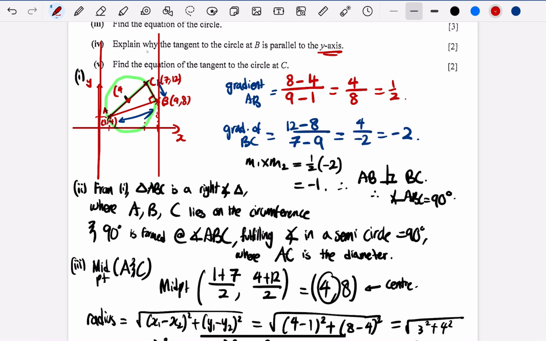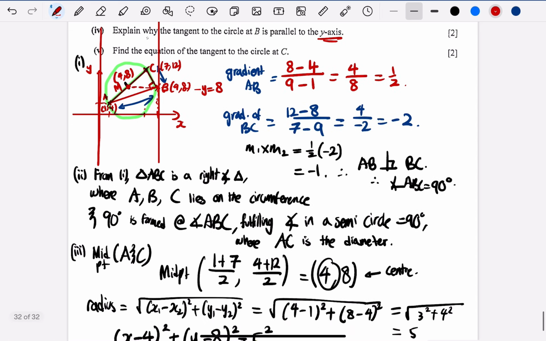So let's label that 4, 8. If we see this coordinate with respect to our B coordinate, you'll see that they are on the same horizontal line, which is the midpoint M to B, of y equals 8.